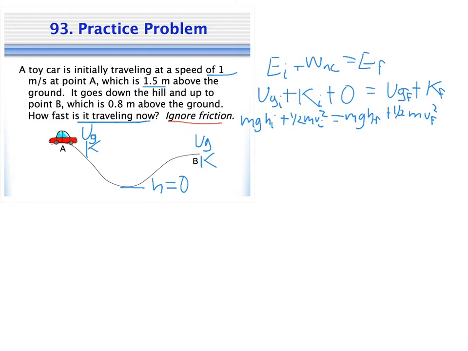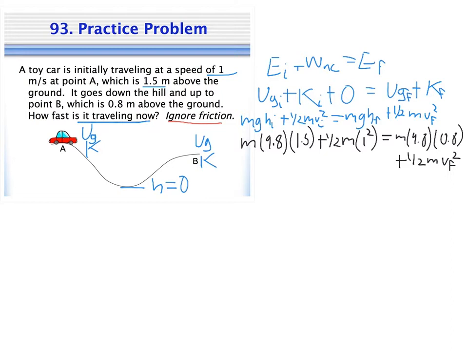I'm starting at an initial height of 1.5. I don't know my mass, so I'm just leaving that as a blank. I know my initial velocity is this 1 here, so I fill that in, once again leaving my mass as a blank. And at the end, I have a height here of 0.8, and I'm looking for this final velocity, so obviously that's still an unknown.